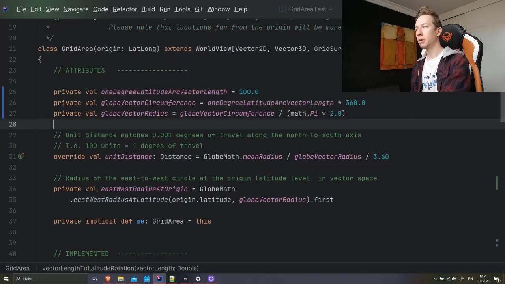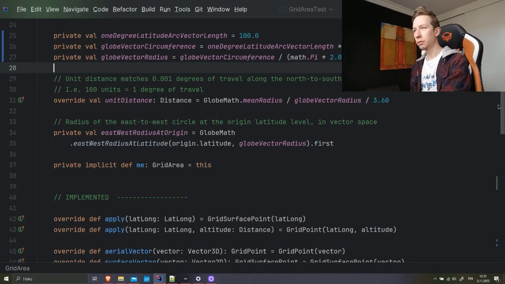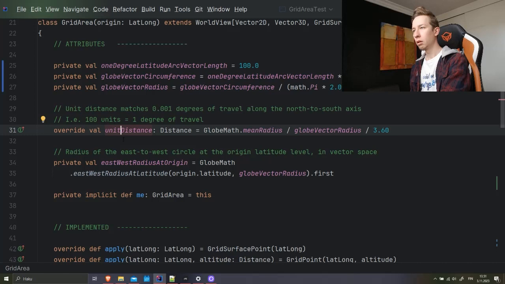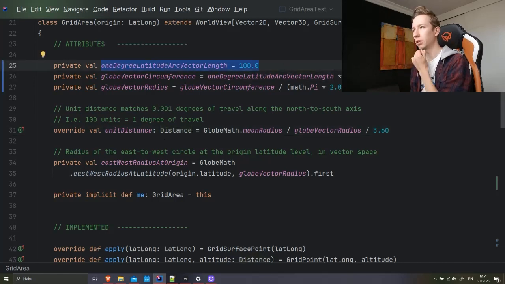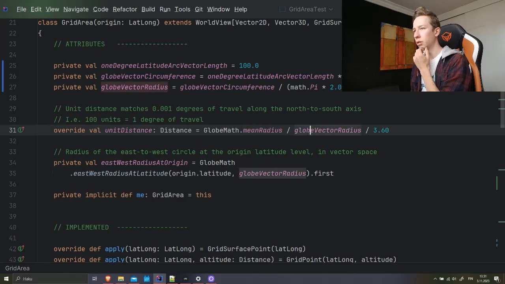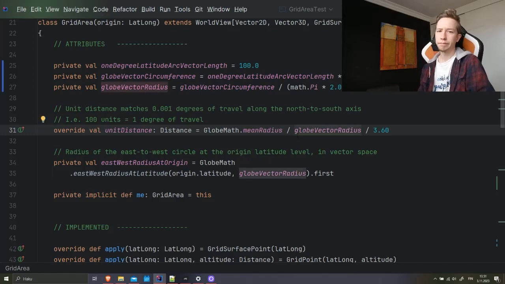And do we need anything else? Unit distance. So unit distance should be based on converting this distance; we want it to match, be based on this. But as we mentioned, we know the mean radius. Basically, we need the distance to vector modifier.